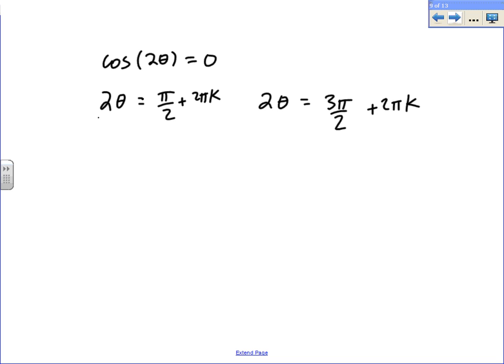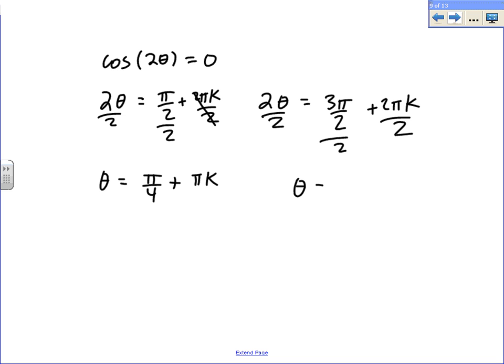Let's divide by 2 here. This would give me theta equals pi over 2 divided by 2, which is pi over 4, plus, and those 2's would cancel out, pi k. On my other one, same thing, I'm going to divide by 2, and we get theta equals 3 pi over 4 plus pi k.